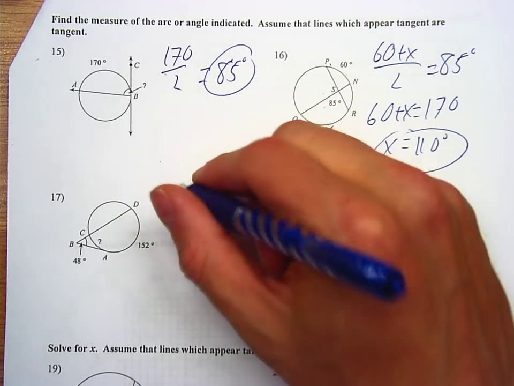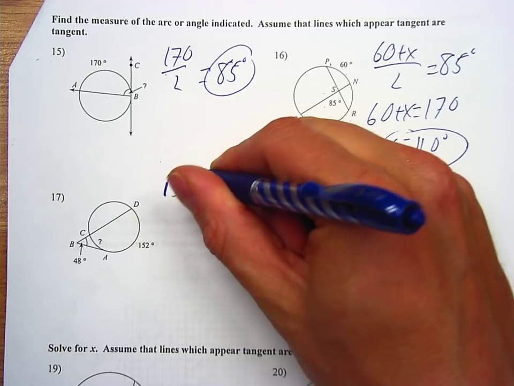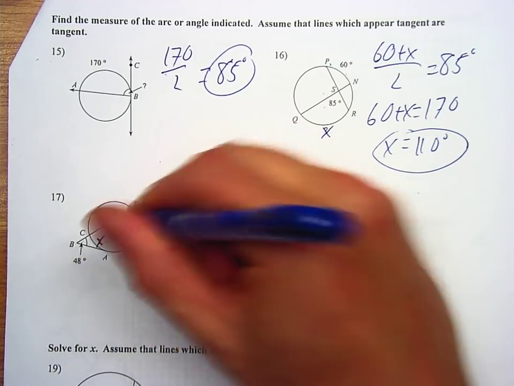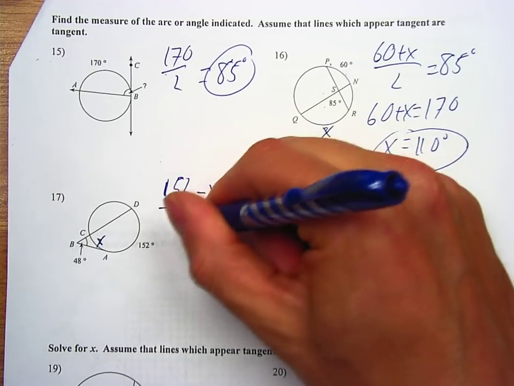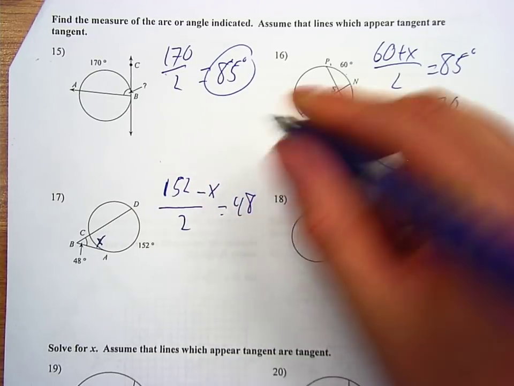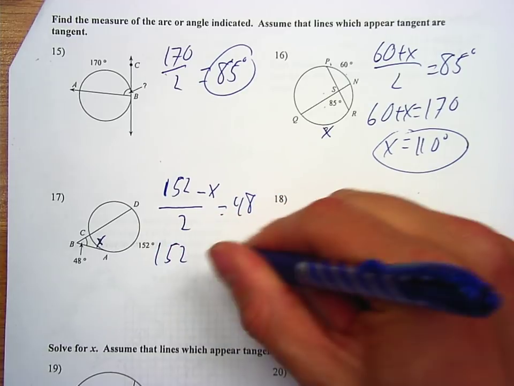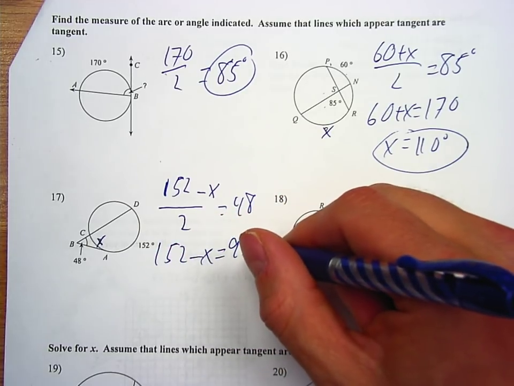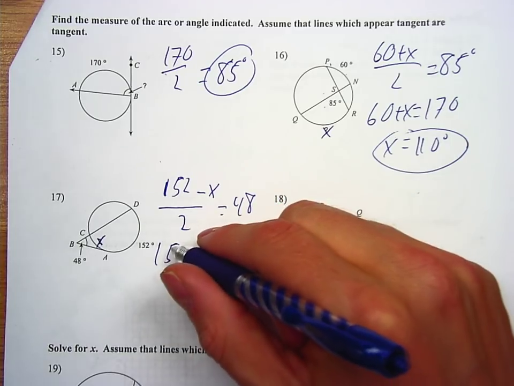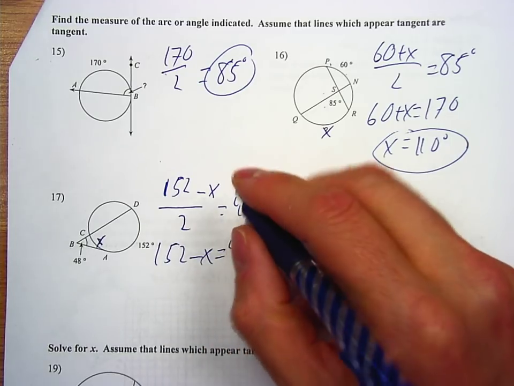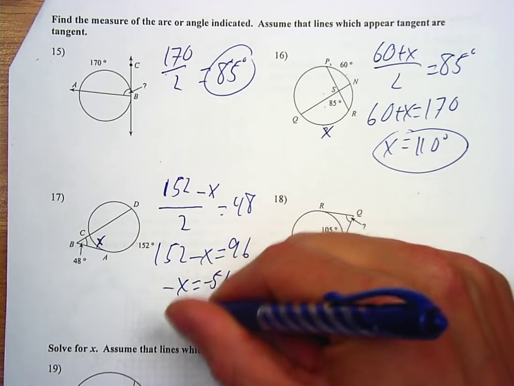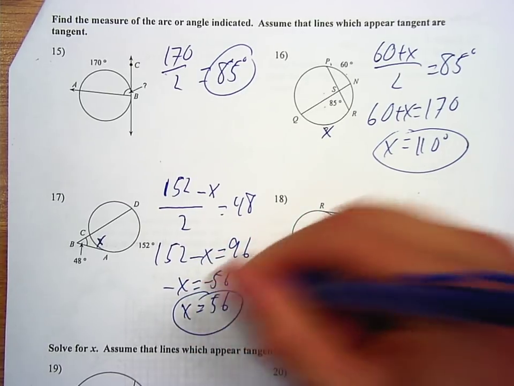So what I have to do here is actually subtract: 152 minus x, divided by 2, will be equivalent in value to 48. 152 minus x will be equal to 96. And then 96 minus 152 is negative 56. So x is equivalent in value to 56 degrees.